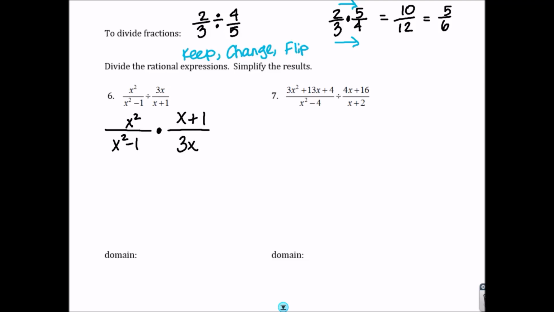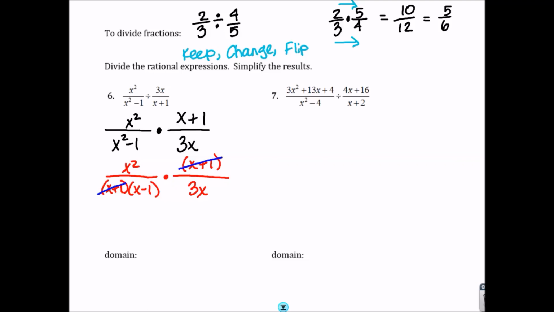I need to factor. X squared cannot be factored. X squared minus 1 is x plus 1, x minus 1. X plus 1 cannot be factored. And 3x is just 3 times x. So now I can cancel out my like factors.